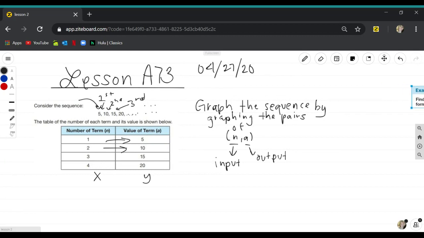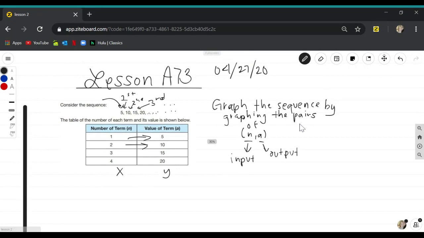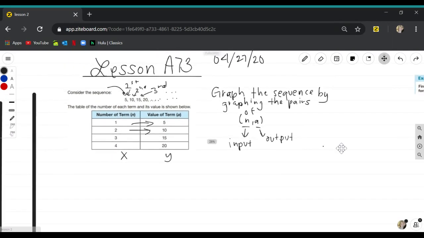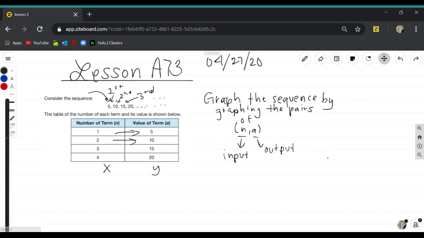I can graph this maybe right here on the side so that you guys can see. Okay, put this in a different color. So then this would be our number of terms.